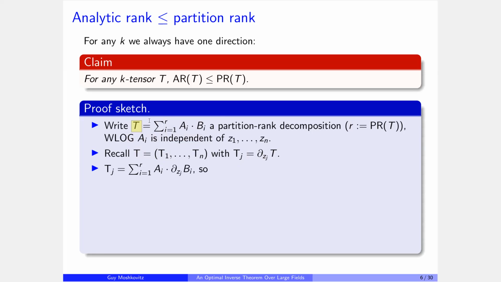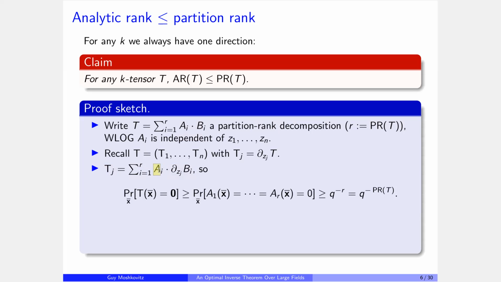Notice that because we have this partition rank decomposition for T, we have a nice decomposition for the derivatives of T, right? You take the derivative of T with respect to Z_1, Z_2, etc. Then you get this decomposition using the fact that the A_i's are independent of Z. But this is interesting because you only have R A_i's, but you can use them to express all of the N T_j's, all of the components of the map.